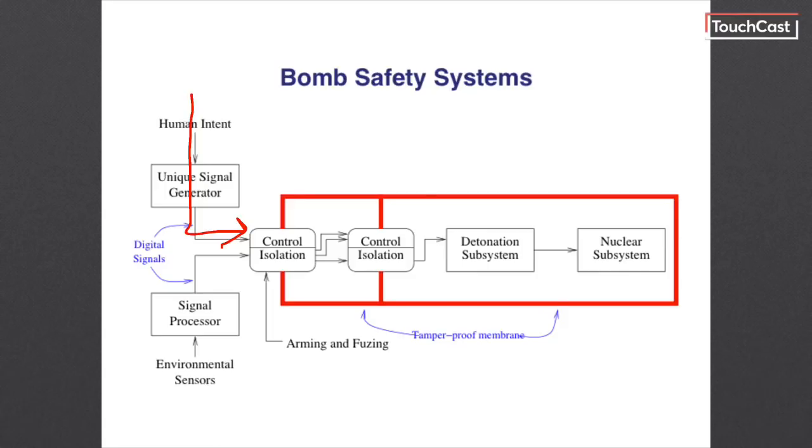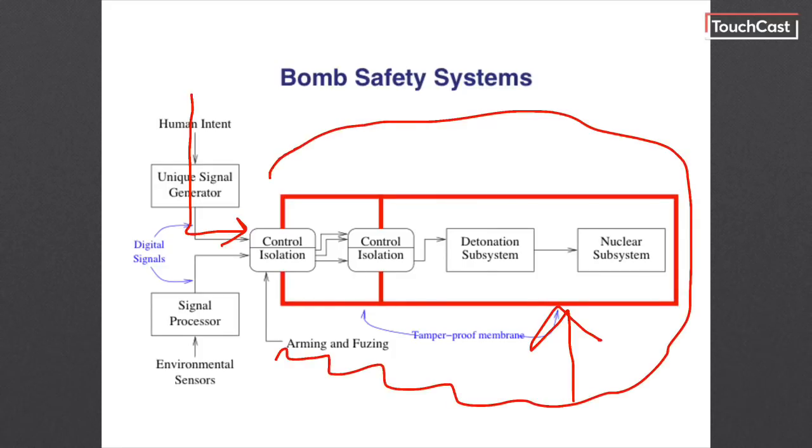So let's say, for example, someone decided that they want to try and drill into the warhead casing. The warhead would detect that, and it would deactivate itself. Conversely, if someone tried to heat the warhead up for some reason, so they wanted to make it very, very hot, the warhead would detect that and the environmental sensors then would make the warhead deactivate itself. So the whole idea is that only an authorized signal, the correct codes, is going to activate, arm, and set the warhead.